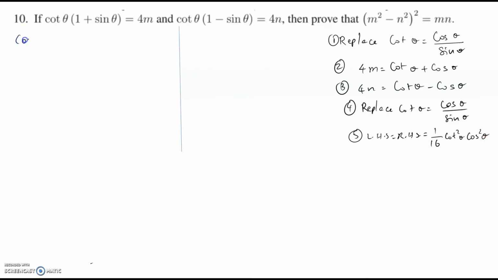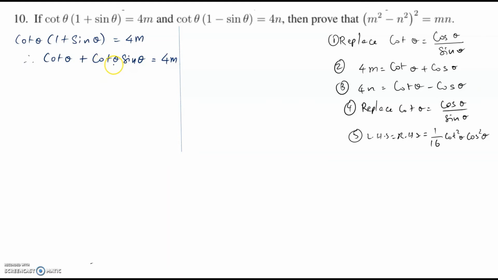Our cot theta into 1 plus sine theta is equal to 4m. Therefore, we can say that cot theta plus cot theta sine theta is equal to 4m.